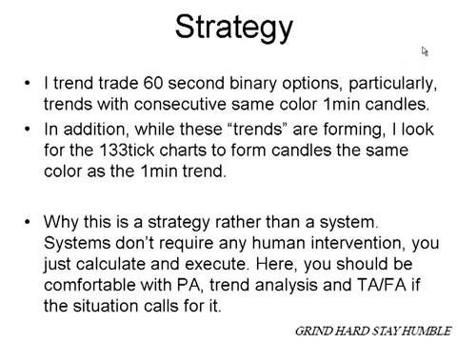So they should back each other up. And this is a strategy, not a system, because you need judgment. Judgment is like 20%. You have to be able to determine the trend, and it's not foolproof. It's not do this and you do that. It's what you see, and then if you can do it.